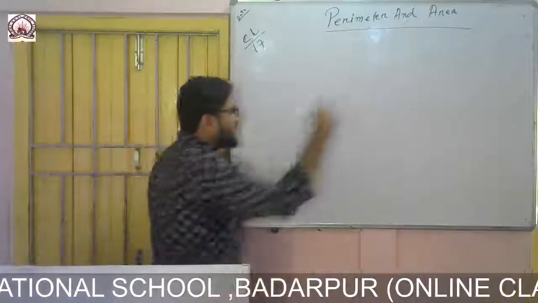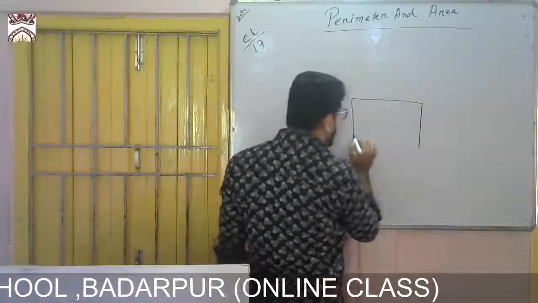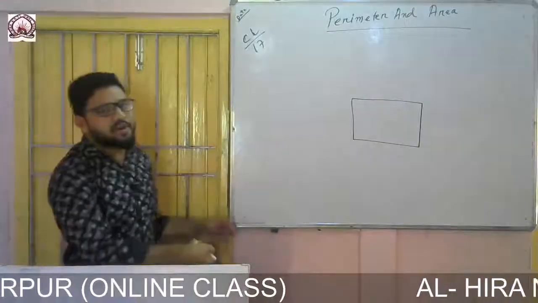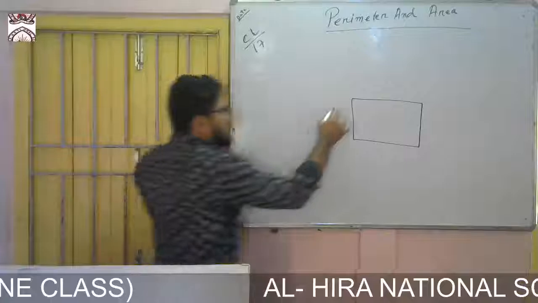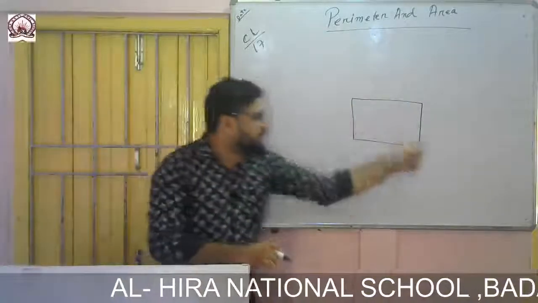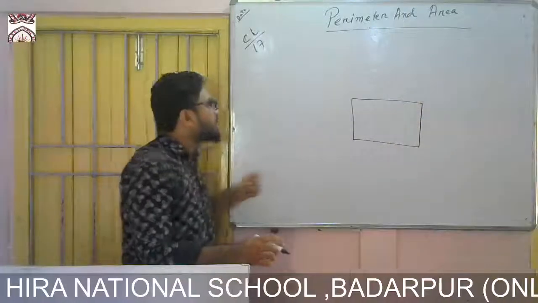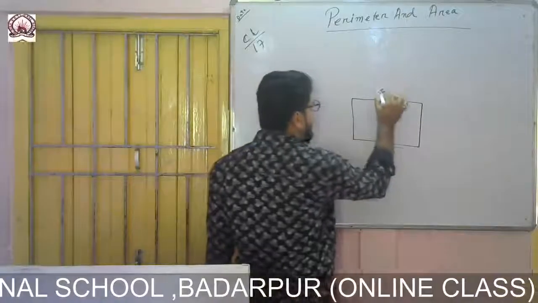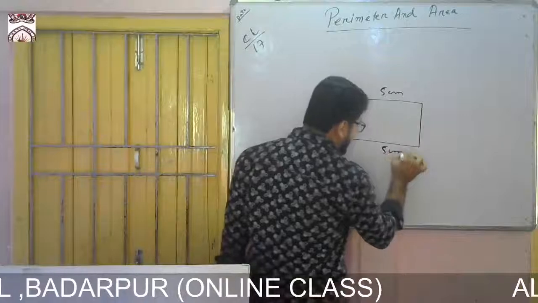Suppose I draw a rectangle. What will be the perimeter? Perimeter means the total length of its boundary. This is the length. If I say this is 5 centimeter, then this one will also be 5 centimeter.